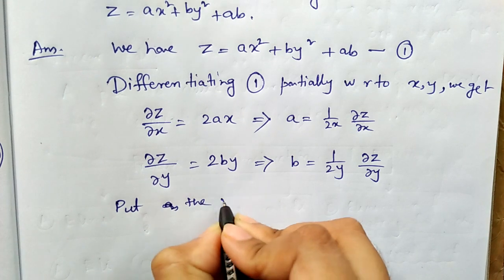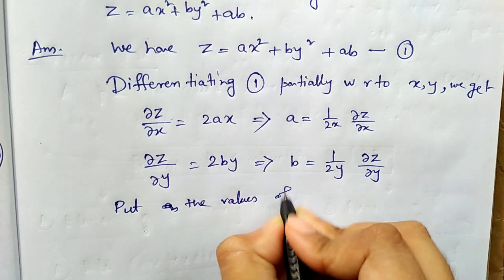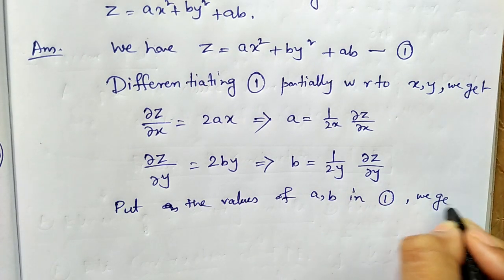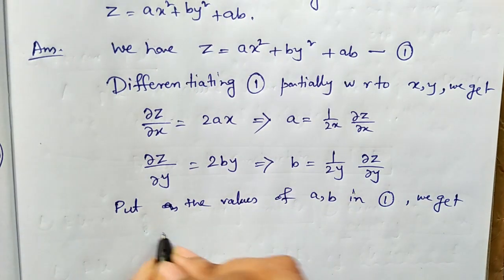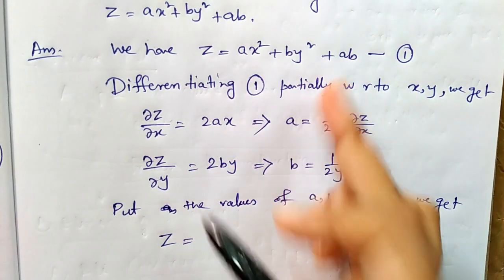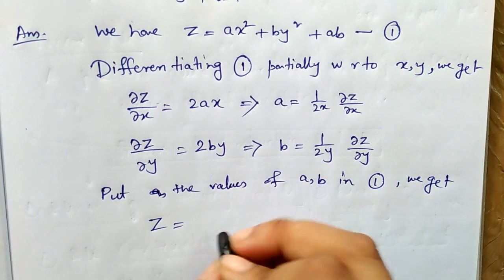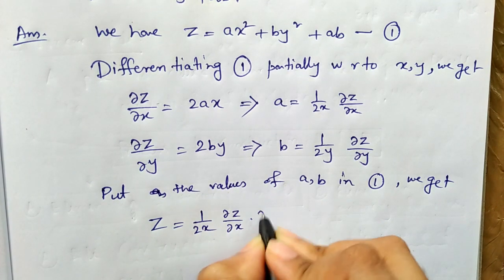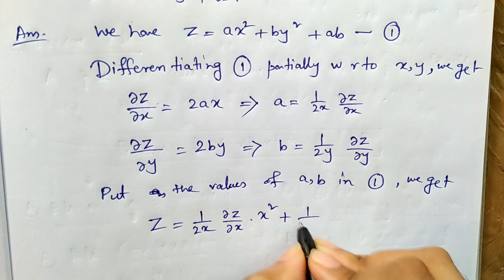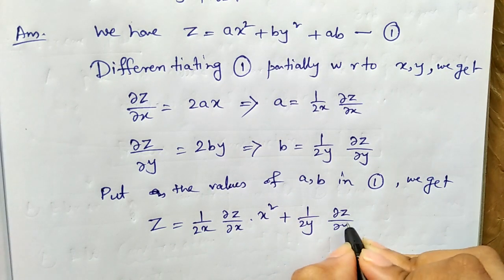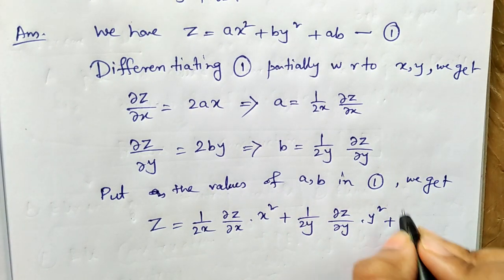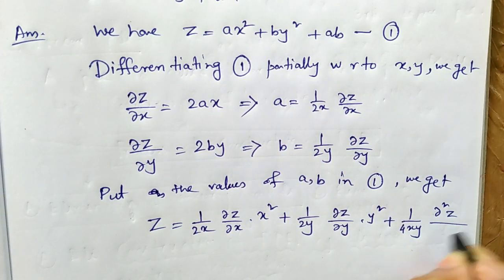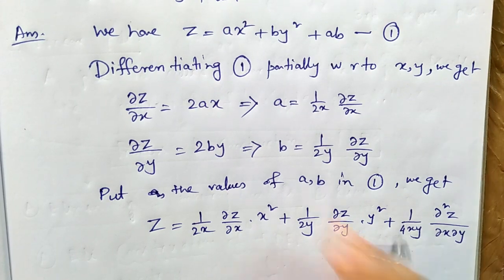Now just put the values of a and b in 1. We get z = (1/2x)(∂z/∂x)·x² + (1/2y)(∂z/∂y)·y² + ab, that is (1/4xy)(∂²z/∂x∂y).